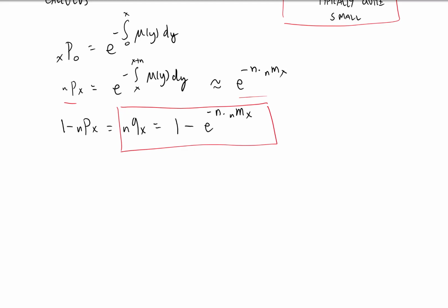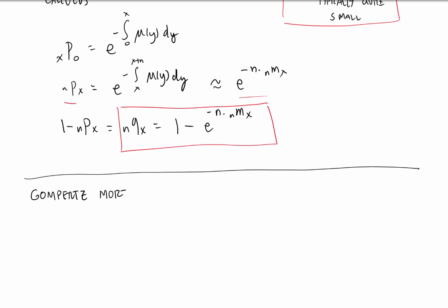Let me talk about a particular mortality model, and we're going to talk about the Gompertz mortality model. Gompertz was a mathematician who worked in England.